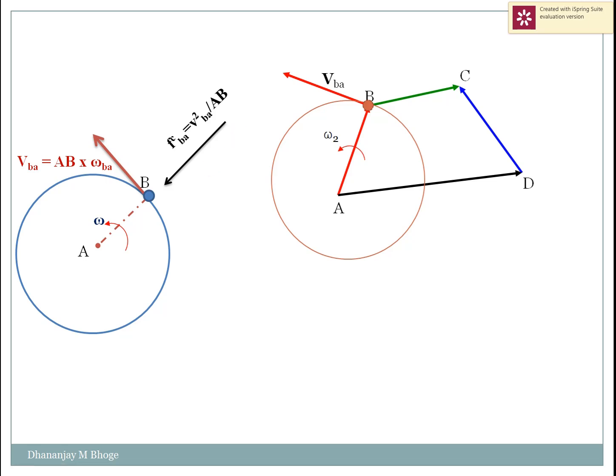If link AB is rotating with non-uniform speed, there will be one more component of acceleration called as tangential component, and this tangential component is always perpendicular to the link AB or radius of rotation AB, and it will act in the direction of acceleration alpha, and magnitude of this tangential component is equals to radius of rotation into angular acceleration of that link. We'll plot these two acceleration vectors using the rules of vector representation in acceleration polygons.